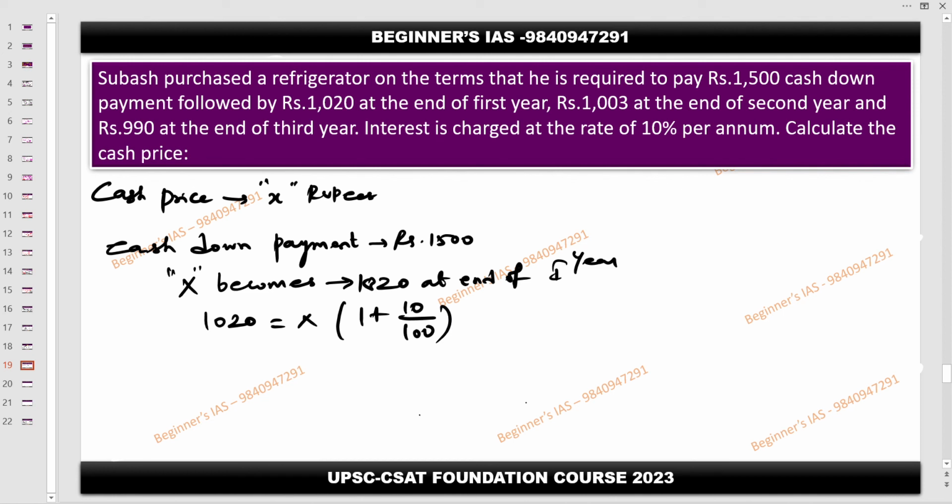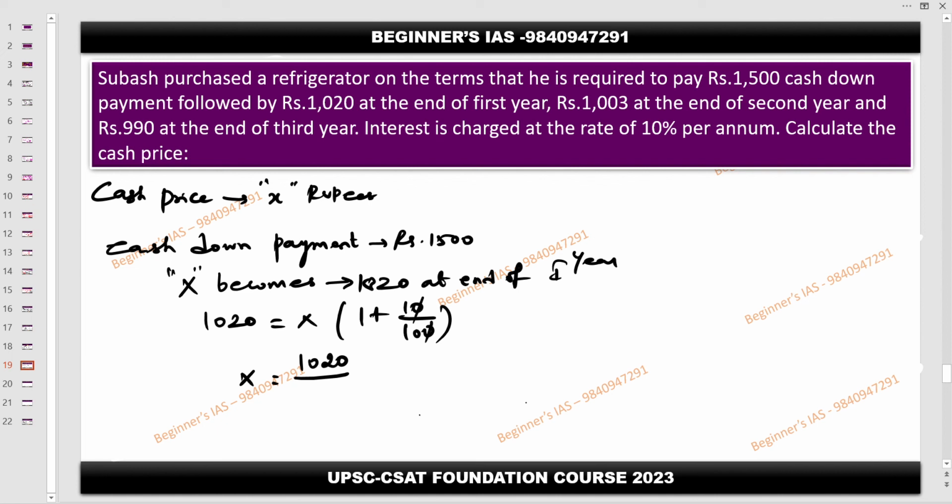Then what would be the X? Here 0.1, right? So you need to find out the value of X here. X is equal to 1020 by 1.1.